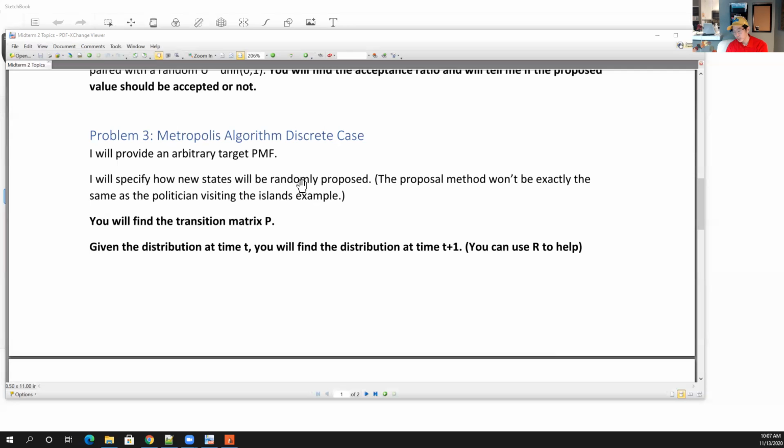But given that, you'll be able to find the transition matrix. I'm going to ask you to find the transition matrix P. That'll be a K by K square matrix across the K possible states. And then given the distribution at some time t, it'll be a distribution over the K different states. I'm going to ask you to find the distribution at time t plus 1. Okay.